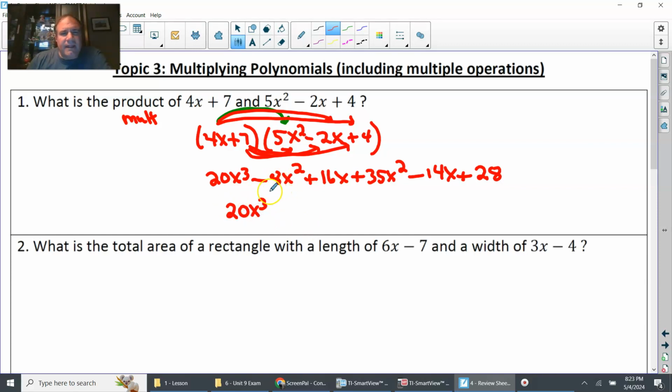And then we have negative 8 squared plus 35 squared, which is 27 squared. And then we have 16x minus 14x, that's plus 2x. And then we have 28. And that is your answer right there.